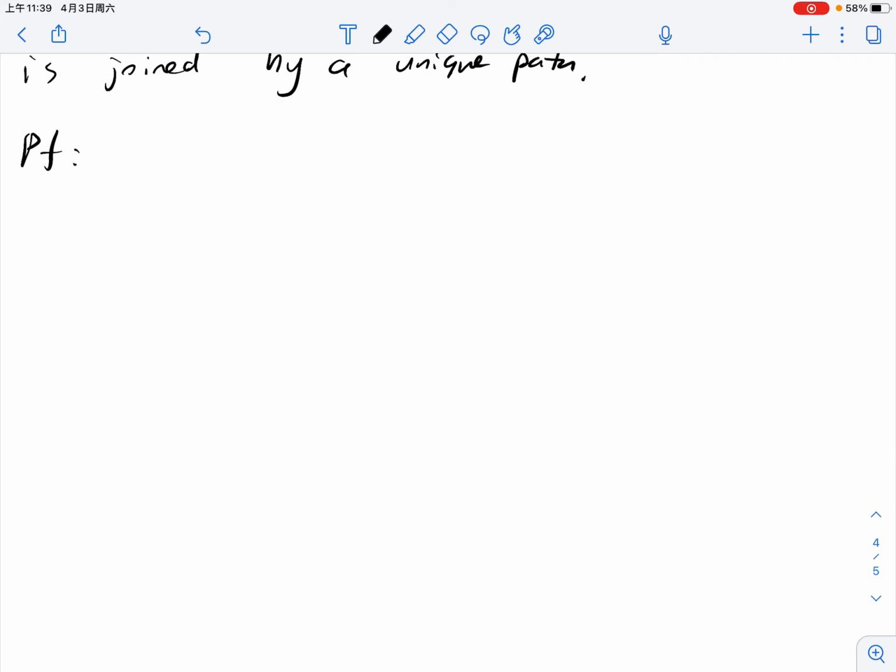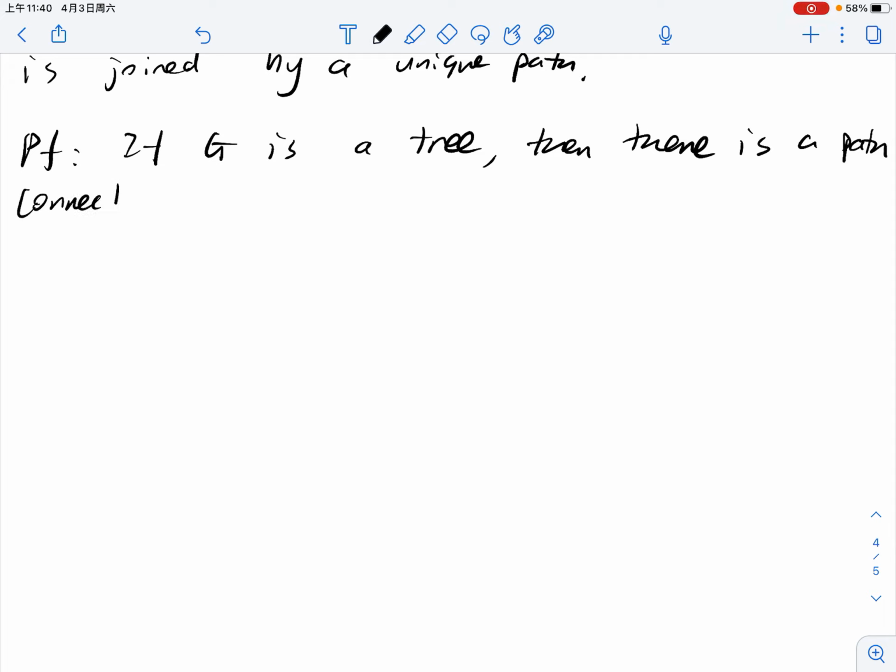So we first prove that if G is a tree, then it shares this interesting property. So if G is a tree, then there is a path connecting every pair of vertices. So this is existence, then we need to show that it's unique.